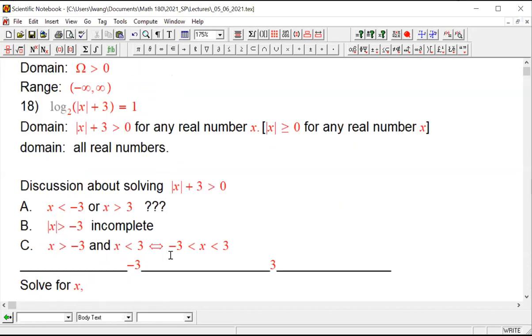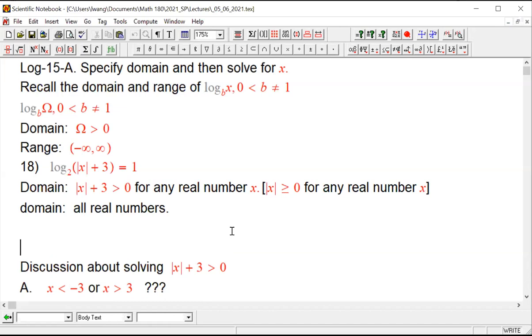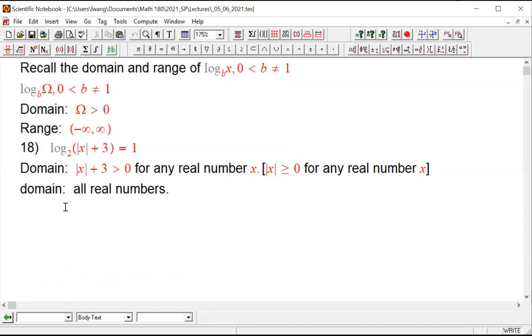Now I want to go further. So the domain is all real numbers. Let's solve this equation. What will be the next step? Definition. So that should be equal to 2 to the power 1. 2 to the power 1 is just 2. And what does the absolute value of x equal to?